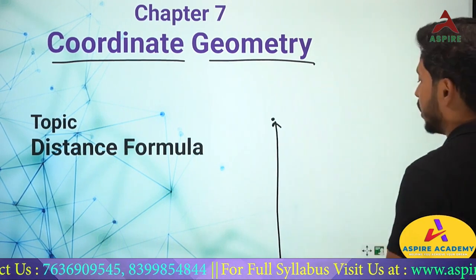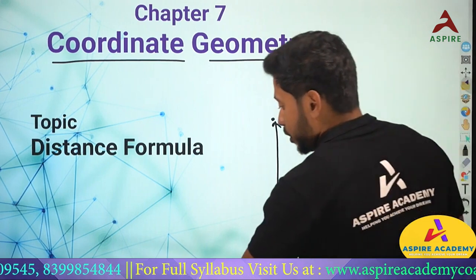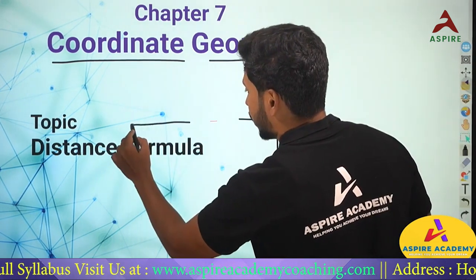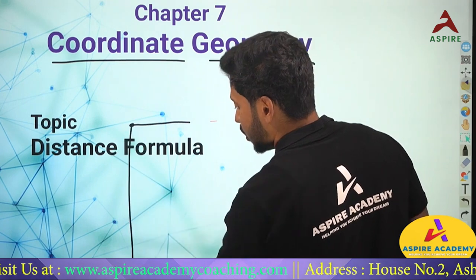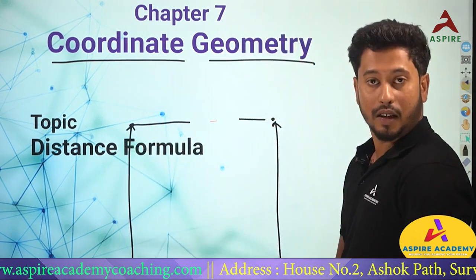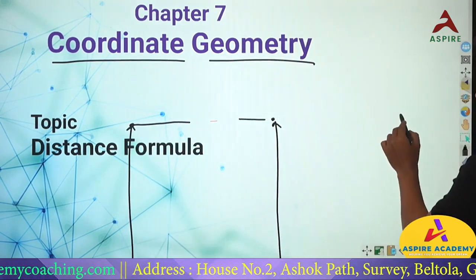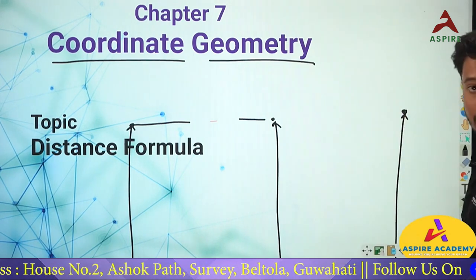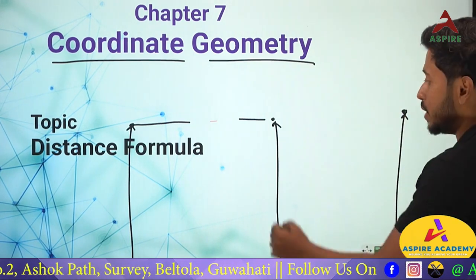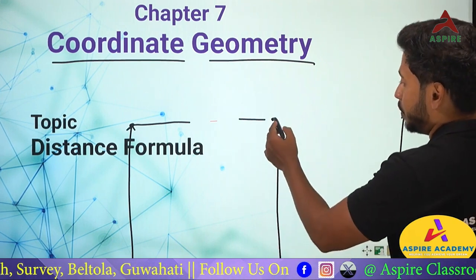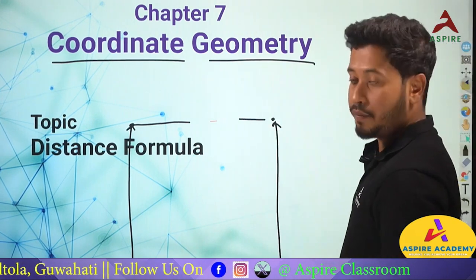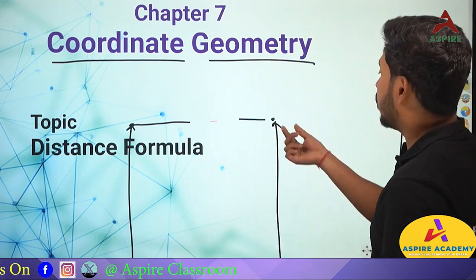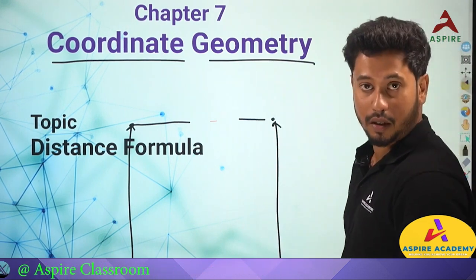But the thing is, if we take a point at the same height, this point is also at the 10 centimeter height, and this point is also at the 10 centimeter height, right? So by saying that this point is at the 10 centimeter height from the ground, you can't locate the exact location of that point.